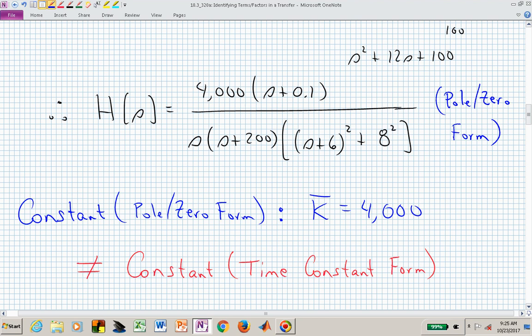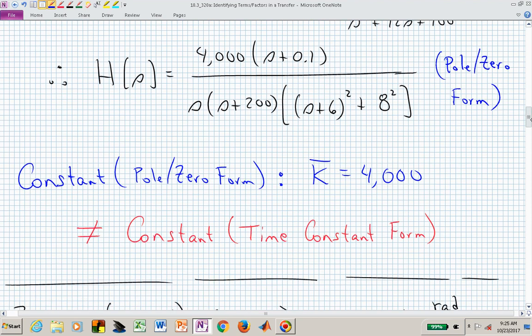So just make sure that when I say, oh, let's now sketch the Bode plots, we need to make sure that we've already put the transfer function not in pole zero form, but in time constant form. But for now, we can think about this constant k bar being 4,000 in this pole zero form.